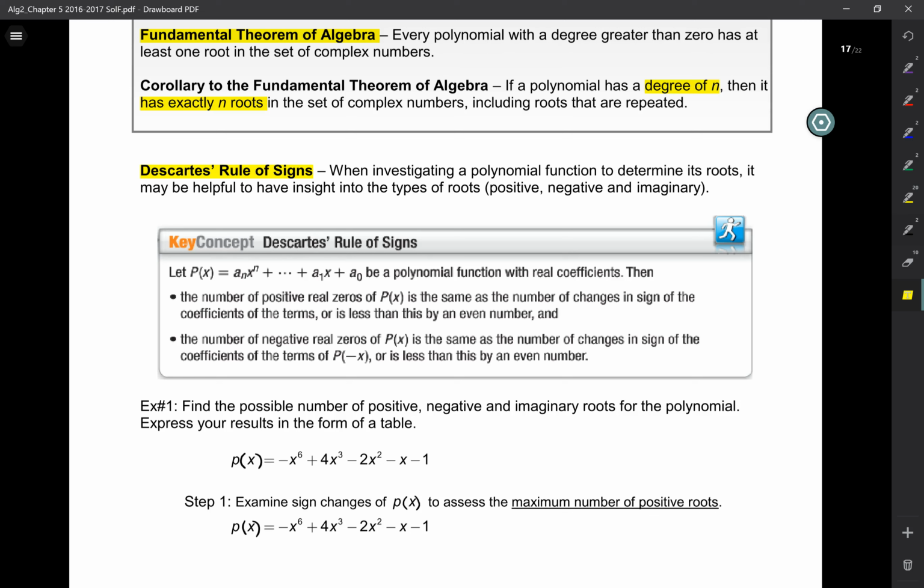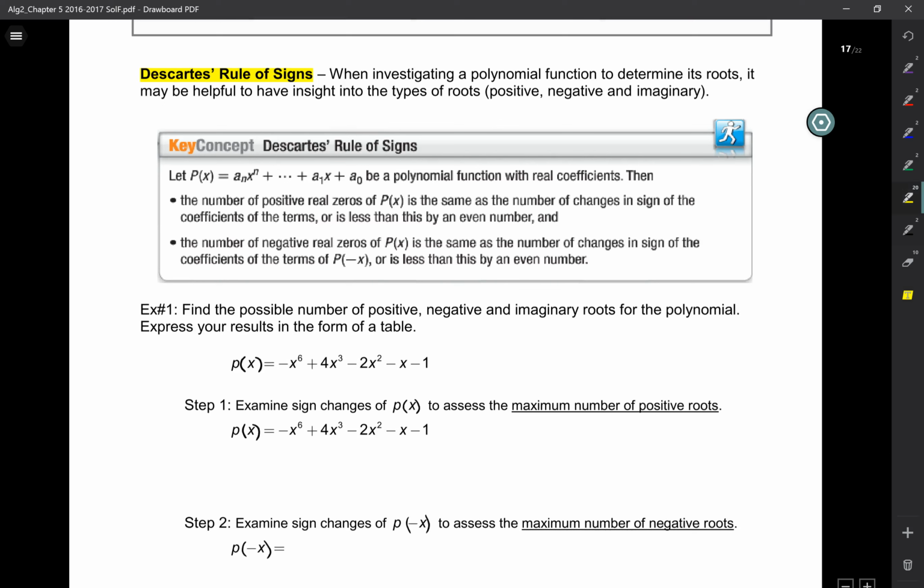He's the guy who said, I think, therefore I am. Okay, so he has a way for us to figure out how many positive solutions something has and how many negative solutions something has.